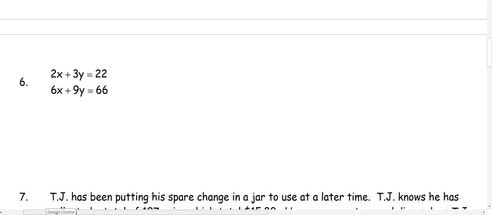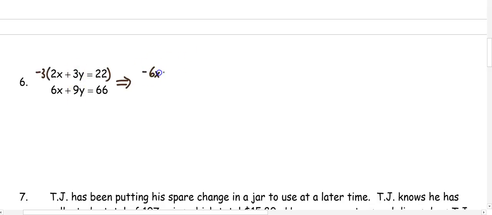Number 6, we have 2x plus 3y equals 22, and 6x plus 3y equals 66. So I know that I can multiply by 3 to get my y's to cancel out, because then I would have negative 9 and positive 9.